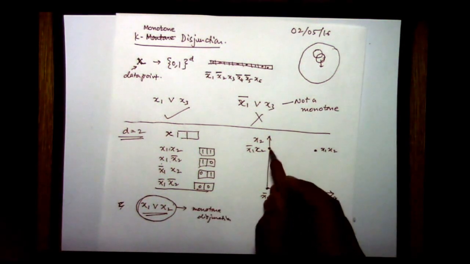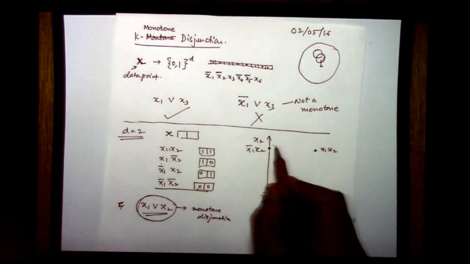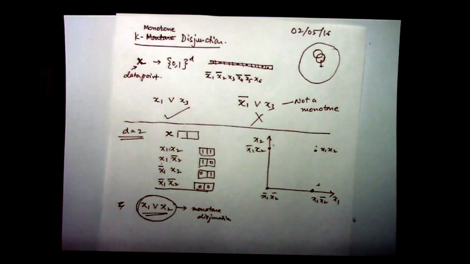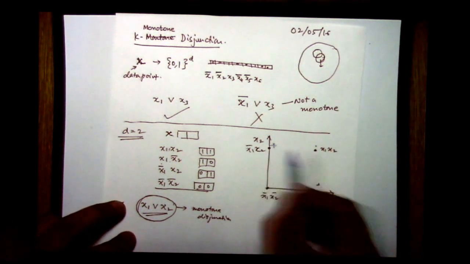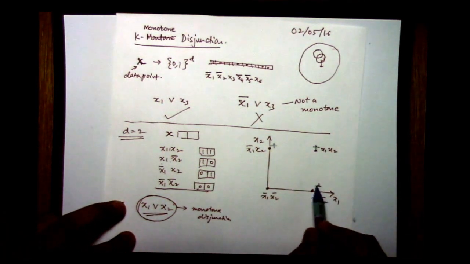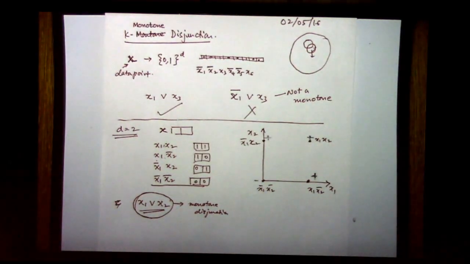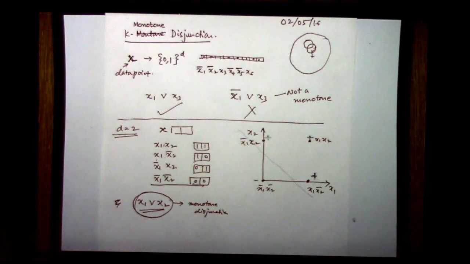Except for this one, all of these will be labeled as positive by this concept. This will be positive, this will be positive, this will be positive. And this one is negative. Now you can draw a straight line which differentiates between these two. Yes, go ahead.